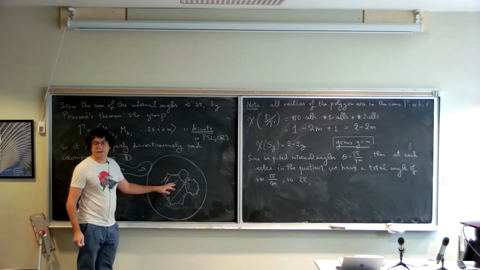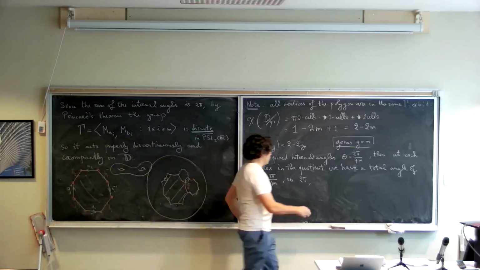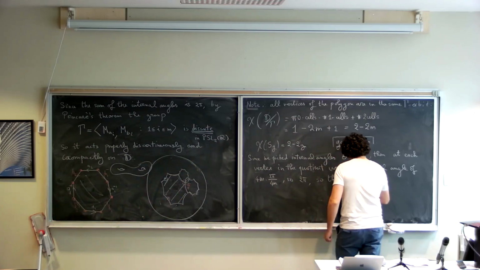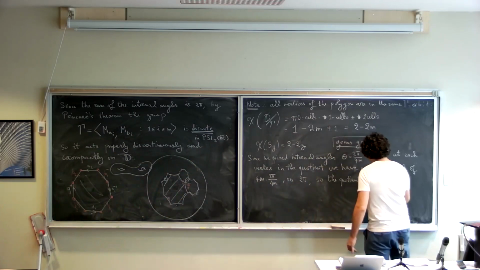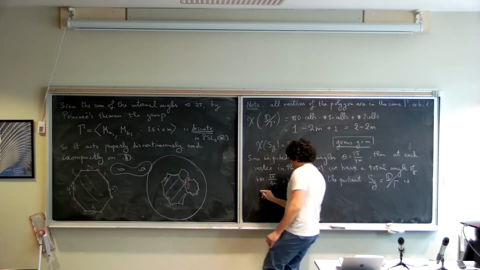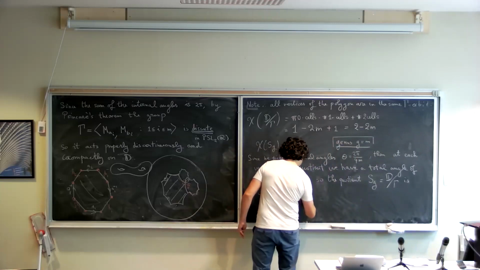So that's also fine. The trickiest points are the vertices, but that's why we pick them like this. So the quotient, which is S_g, which is D over gamma, is a smooth surface.